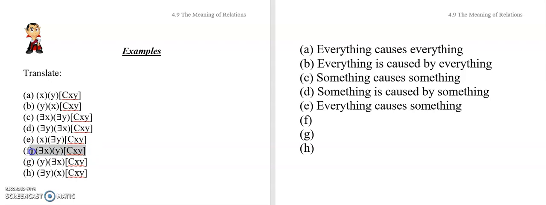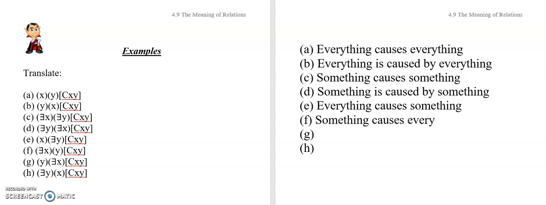All right, what about F? What does this sentence mean? Okay, well, in this case it's just like E, except you've got the reversal of the quantifiers here. So this is the existential and this is the universal, and this lead quantifier occurs in the first position, so that's going to say something causes everything.